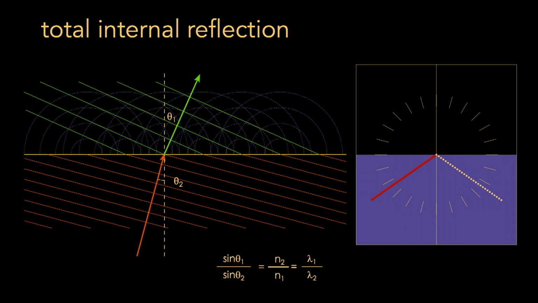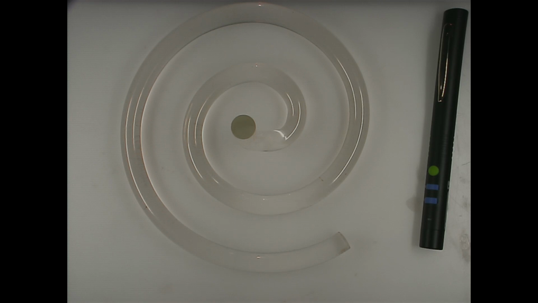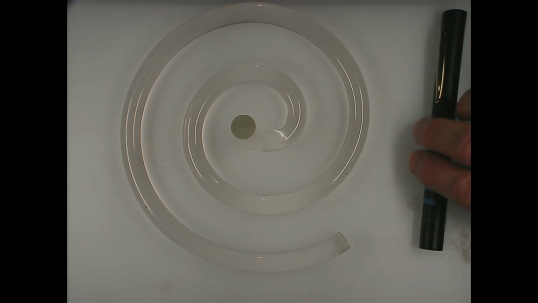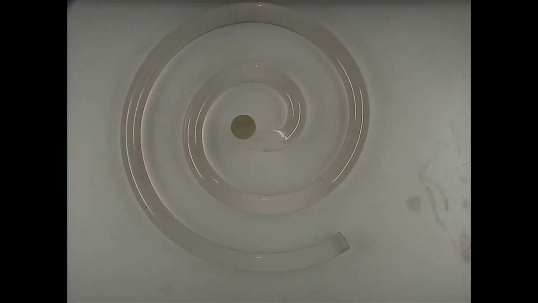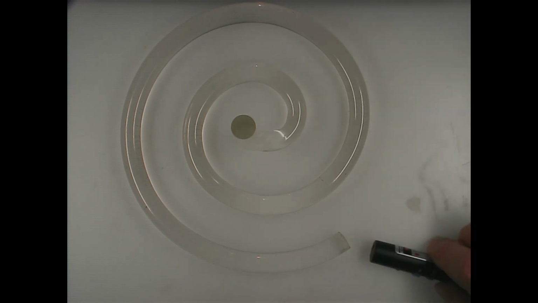And this is the moment when we show a demo of that, actually two demos, not just computer graphics where you can do anything that will work. So here's a tube of plastic, polyacrylate or something of that nature, and I'm using a laser. I'm going to first put the laser here.